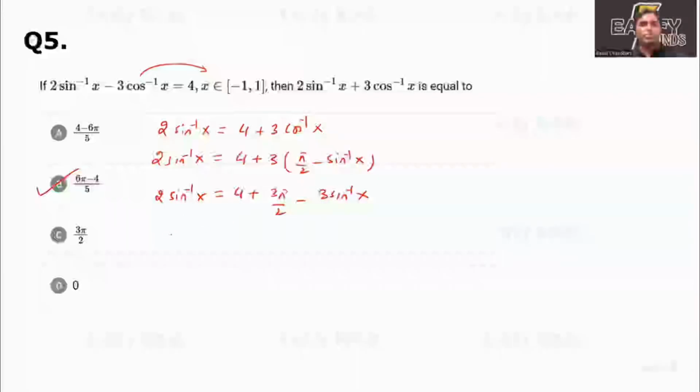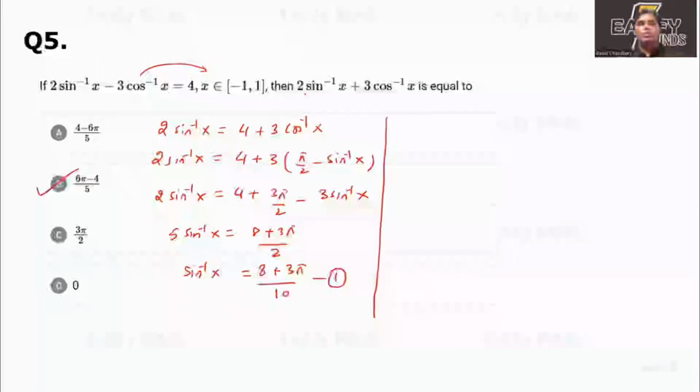Now this I will bring to this side. 3 plus 2, 5 sin inverse x equals 8 plus 3 pi by 2. So what is the sin inverse x value? 8 plus 3 pi by 10. First equation. Now come to this expression. This value we have to find.